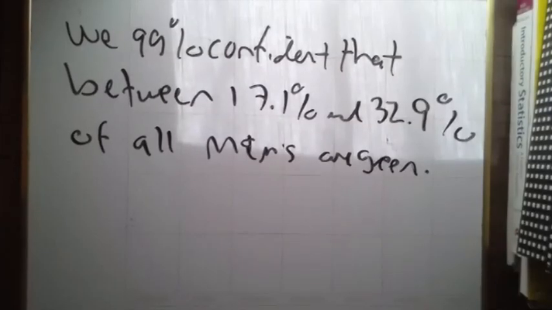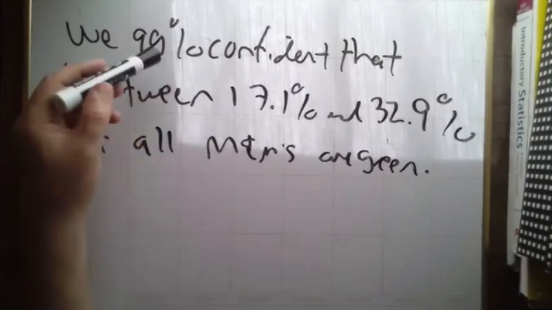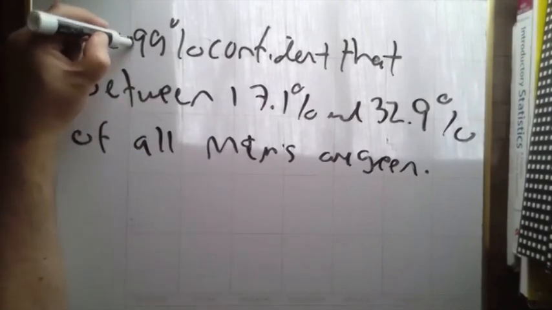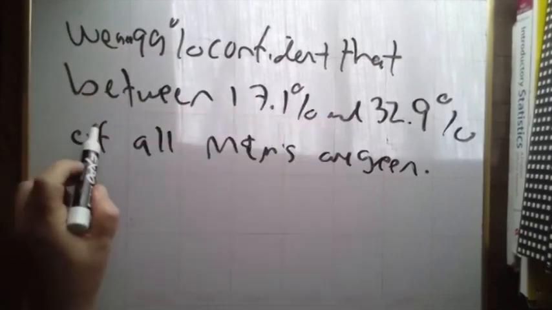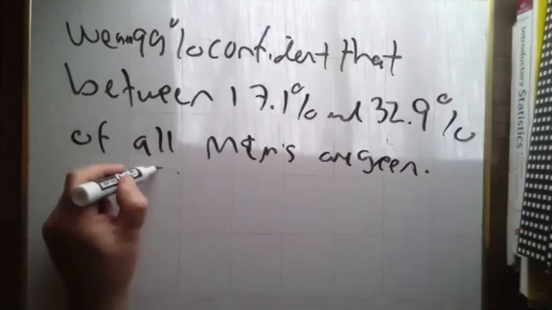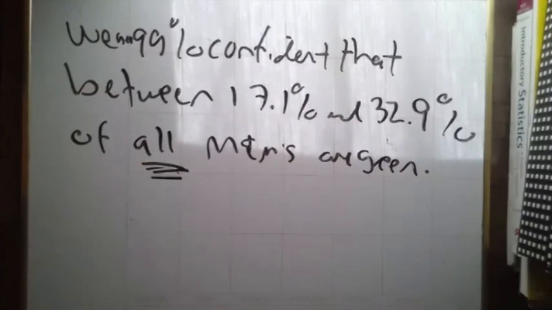So that would be our sentence. So it's always we are blank percent confident that between lower and upper of all, we're making a prediction about the entire population here, M&Ms are green. Notice my interval got bigger.